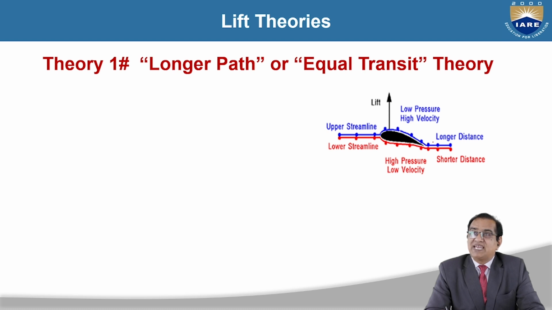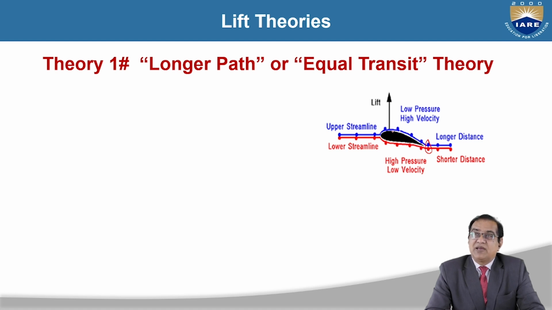Both have to reach the same point at the same time. So on the upper side, due to the curvature, it has to travel more distance in the same time. Below it is less distance in the same time. Upper surface velocity will increase. Upper surface acceleration will be generated. On the lower surface it is not generated.